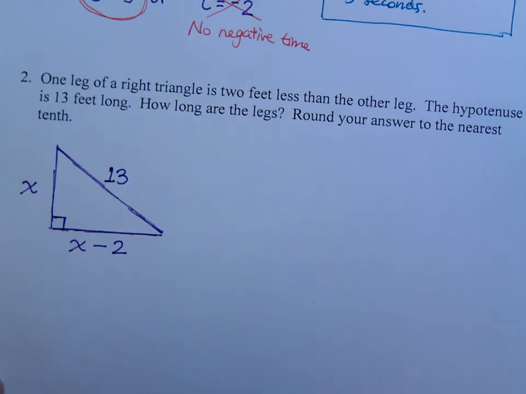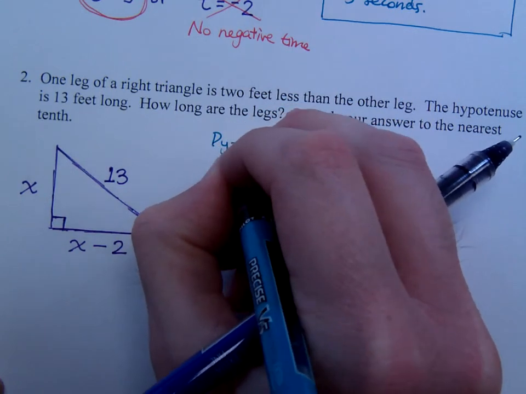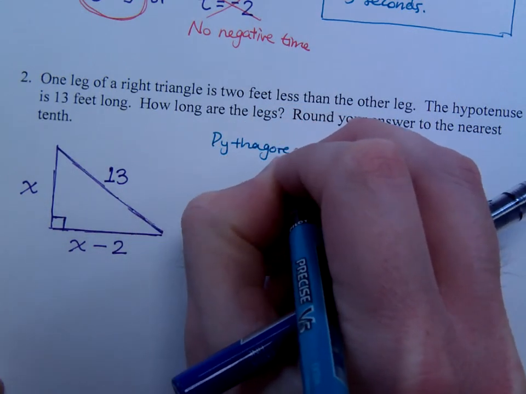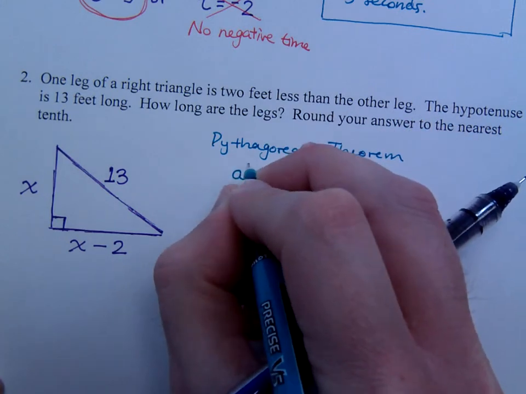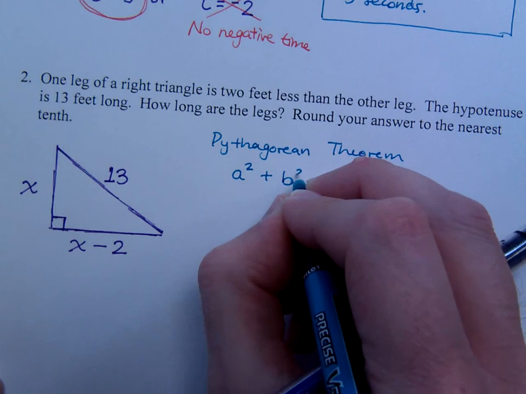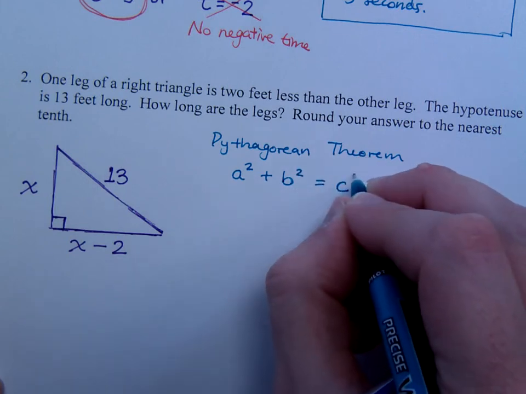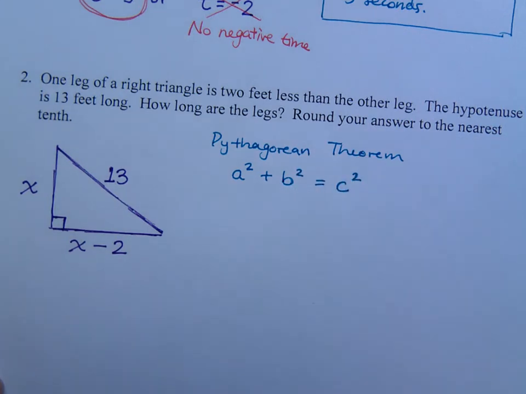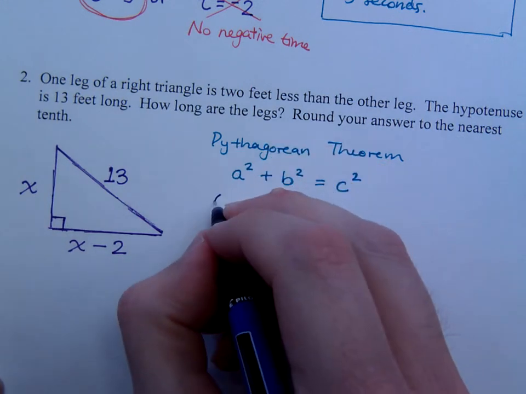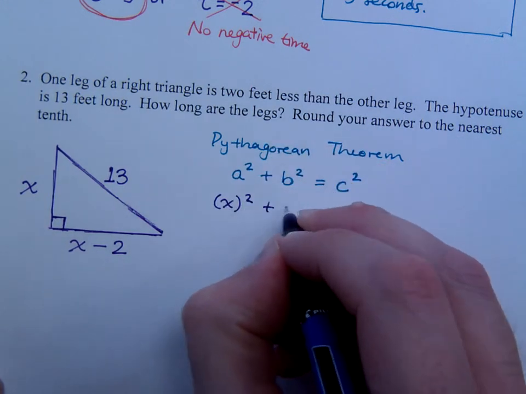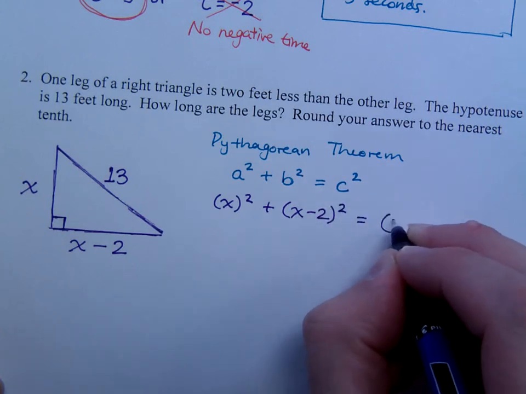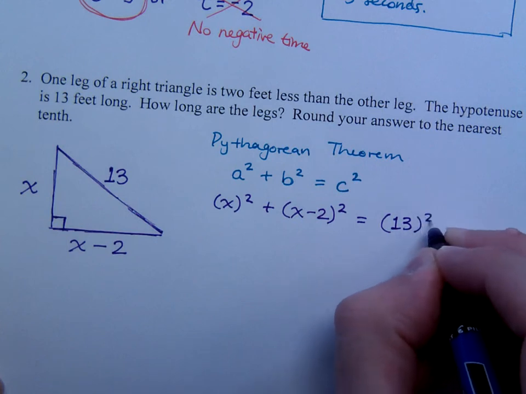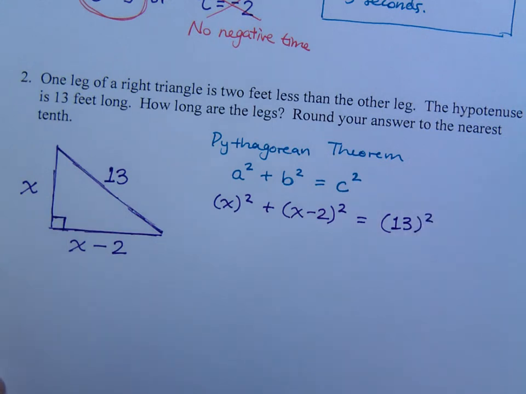Well, remember, the Pythagorean Theorem states that the sum of the squares of the legs is equal to the hypotenuse squared. So that means x squared plus x minus 2 quantity squared equals 13 squared. So you have an equation. You just have to solve this.